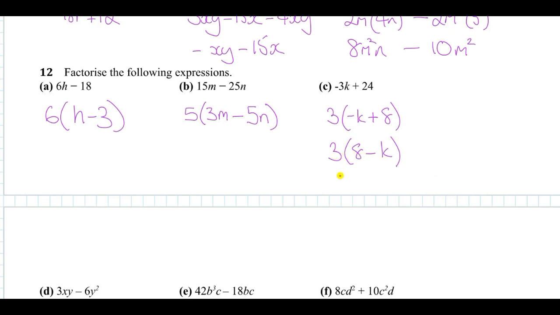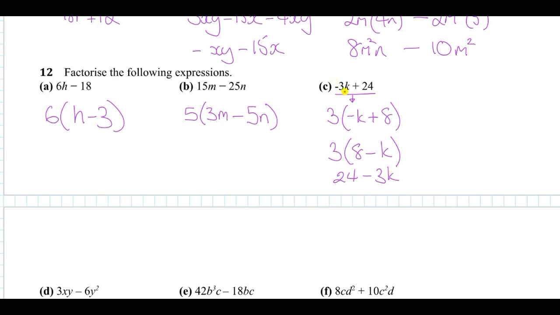Now when I multiply this out, I'll get 24 minus 3k. Hopefully you can see that that's the same as negative 3k plus the 24. As that expression is written, this is the solution.